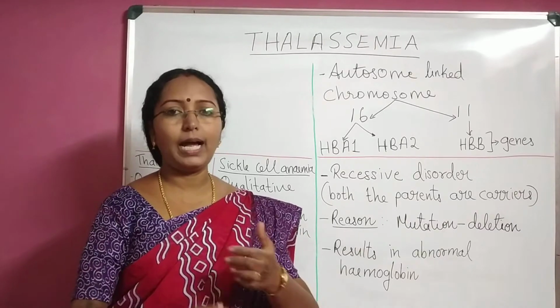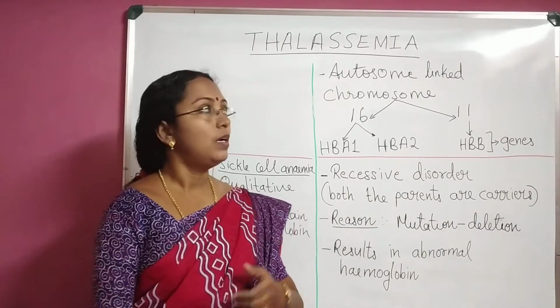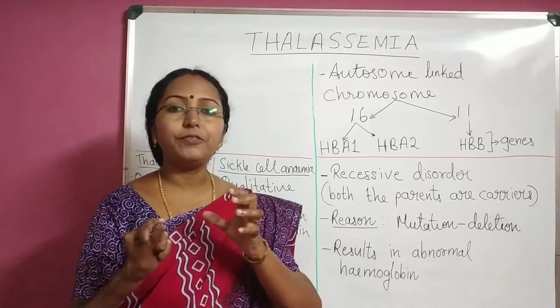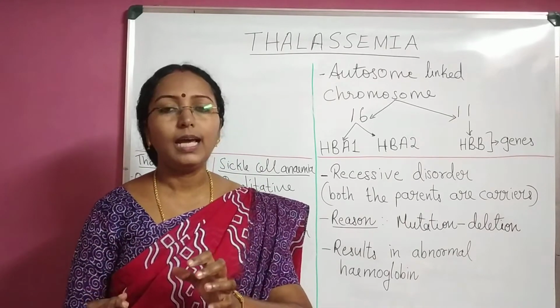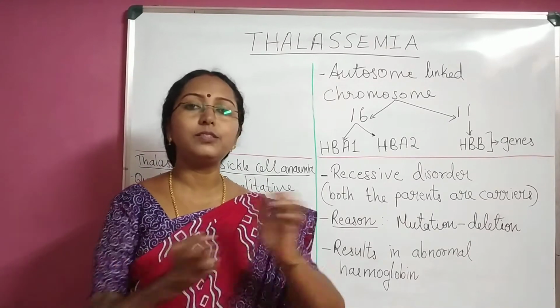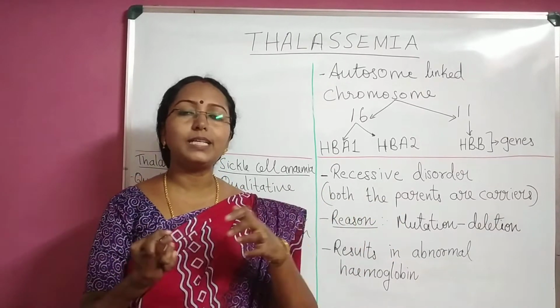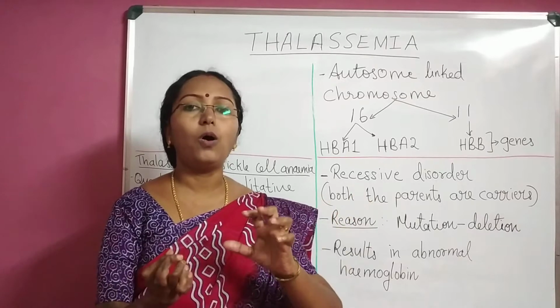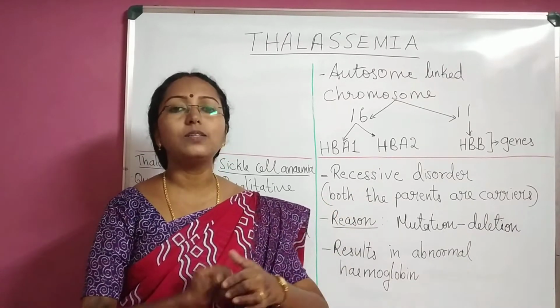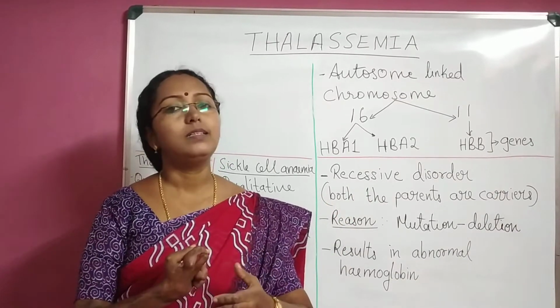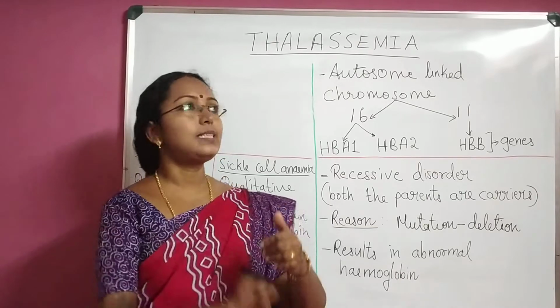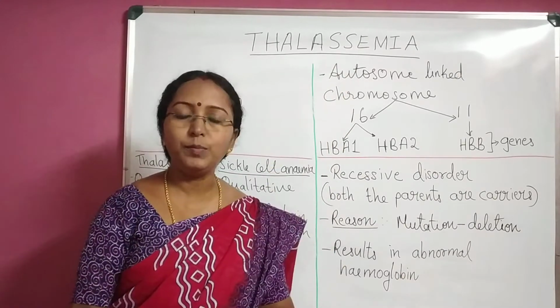But still, to have a refresher, there are diseases which affect our sex chromosomes and there are diseases which affect the rest of the chromosomes other than sex chromosomes. Those diseases which affect the autosomes, you call autosome linked genetic disorders, and one example for that is thalassemia.